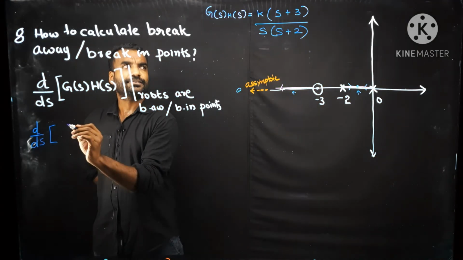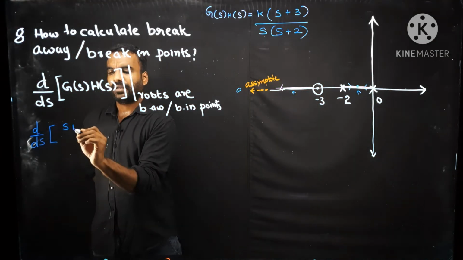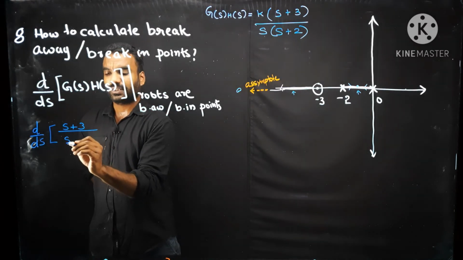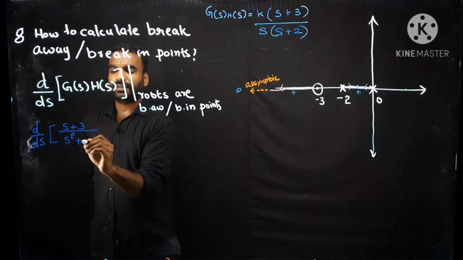So numerator is s plus 3 and denominator is s into (s plus 2), that is s square plus 2s.